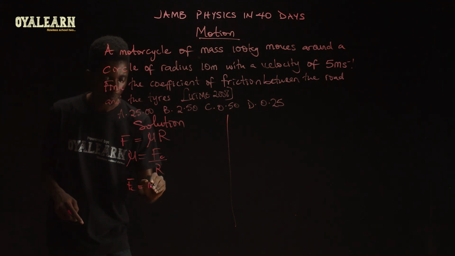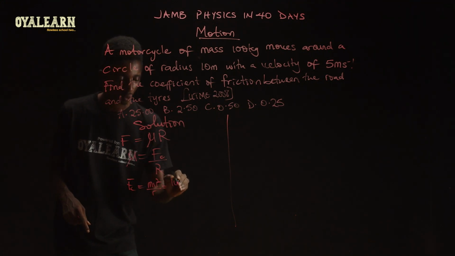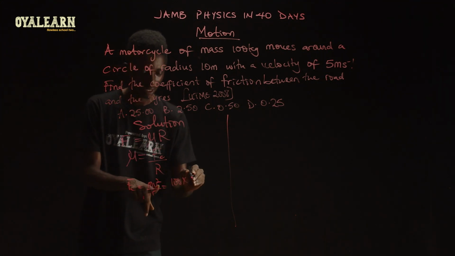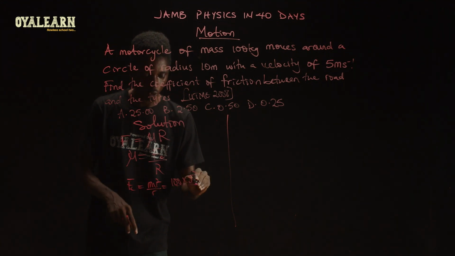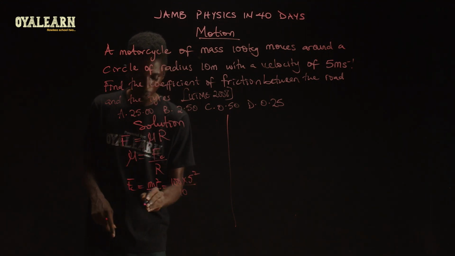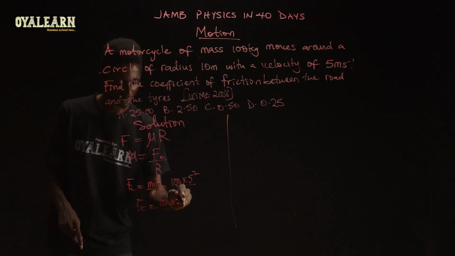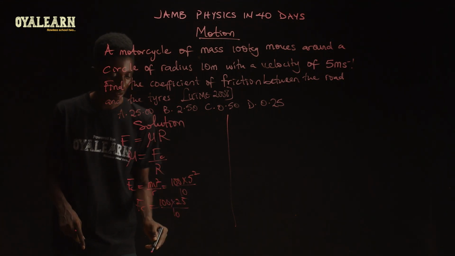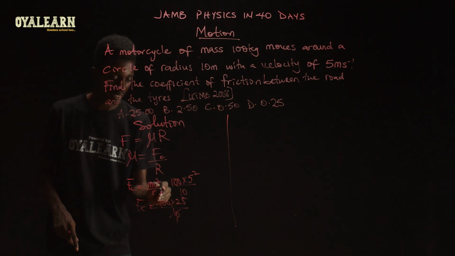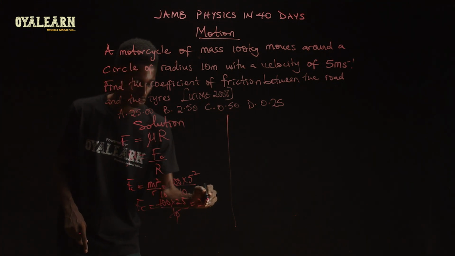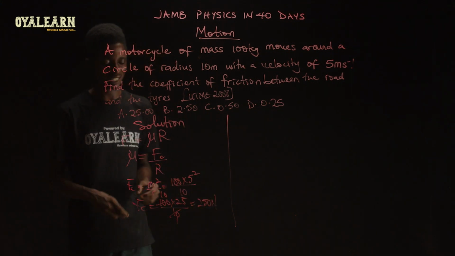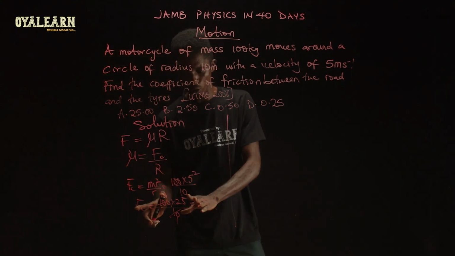Fc will be mv squared over r, which would be 100 times 5 squared over 10. Now what this gives us is 100 times 25 over 10. Now 10 here 1, 10 here 10. So what we have is 250 newtons as the centripetal force.